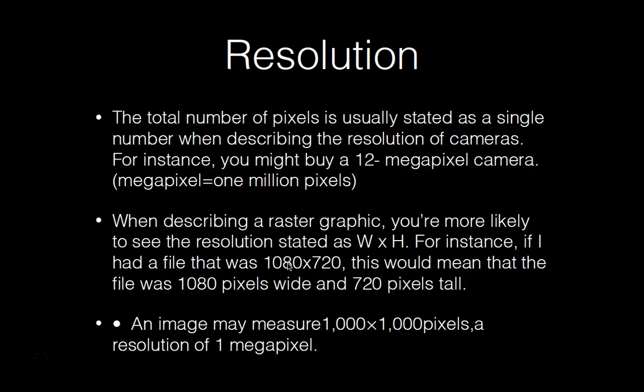An image may measure 1,000 by 1,000 pixels and has a resolution of 1 megapixel, because 1,000 by 1,000 is 1 million. That's kind of how they determine how many megapixels a camera can have, with how large the length times width of an image may be.